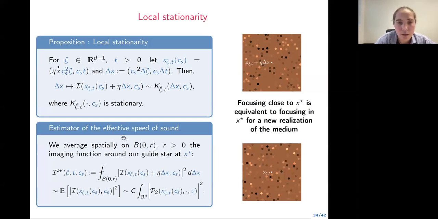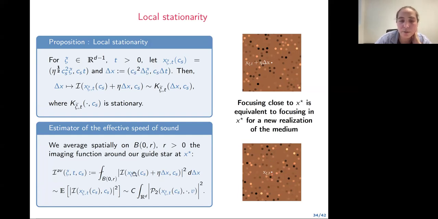imaging function. Okay, but now that I know that I'm stationary, what I do is I choose xct, and I average locally the square of my imaging function around this xct. And remember that averaging locally, especially, is the same thing as averaging with respect to the realization if I have a stationary ergodic process.